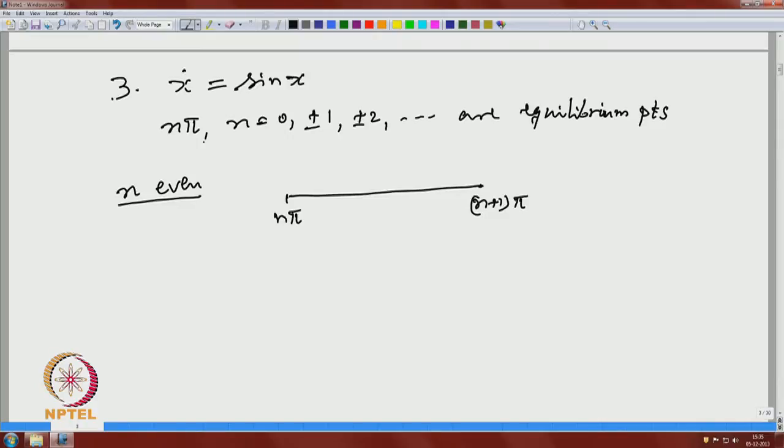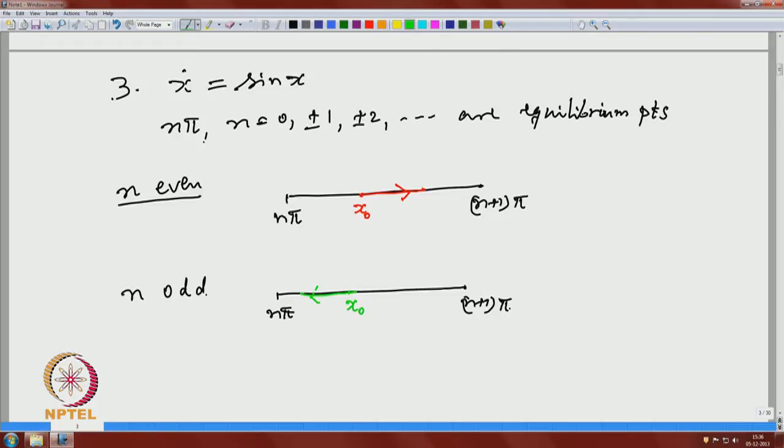So, if I start an orbit through a point here in this open interval, then the orbit moves towards that. Okay. And n odd, same thing, n pi, n plus 1 pi, and now I start the orbit from x 0 here, and it moves towards that.